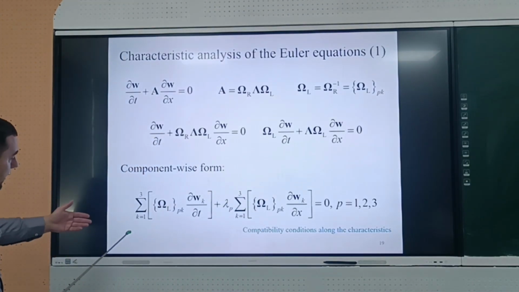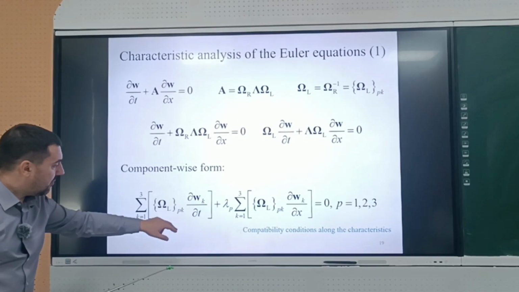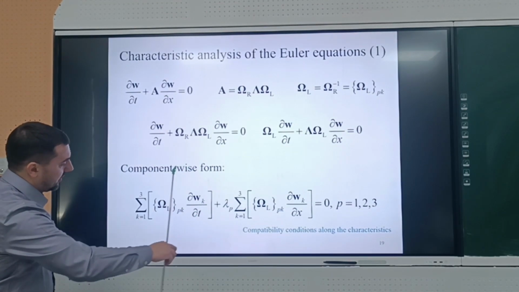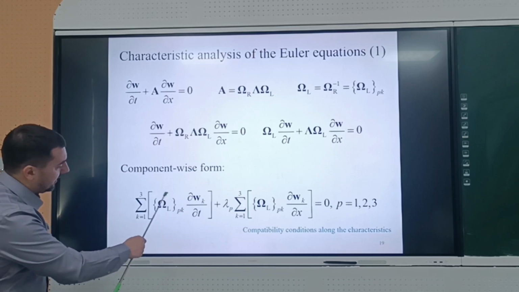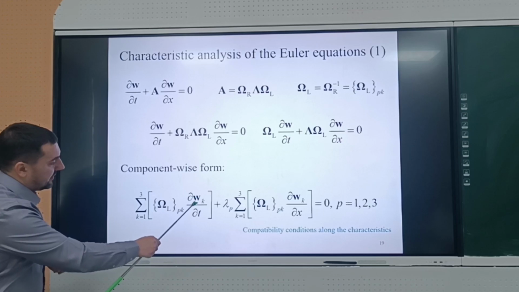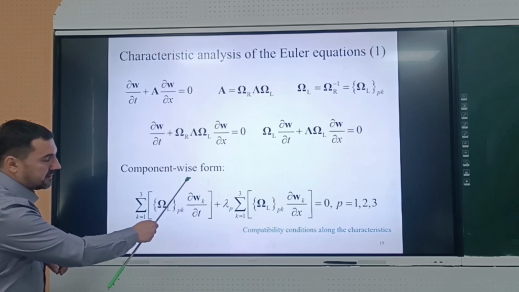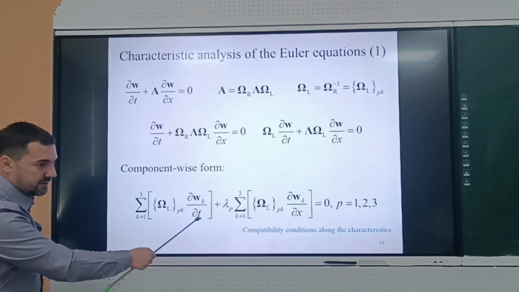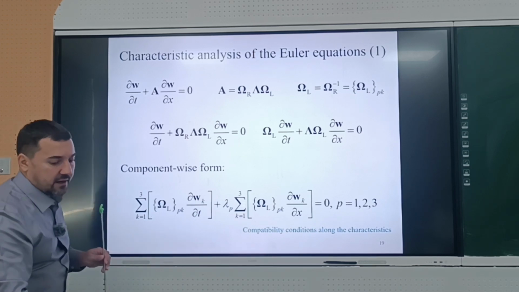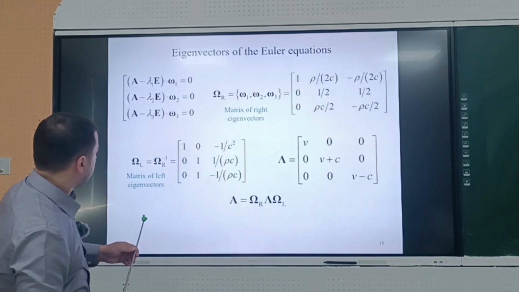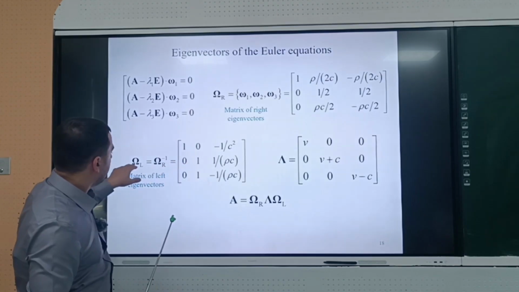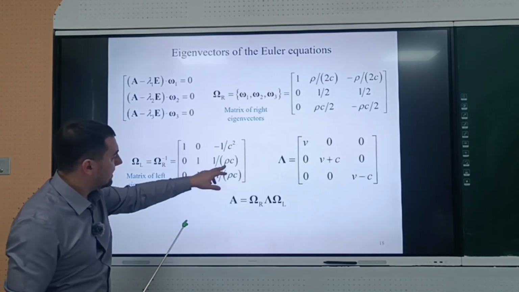So it's the component corresponding to the product of the first row of our matrix and the column. These are the pk components of our matrix omega L, and these are omega k. So for k equals 1, it's density. For k equals 2, it's velocity. For k equals 3, it's pressure. And omega L, pk are the components: 1, 0, and this guy. For k equals 2, 0, 1, and this guy, and so on.